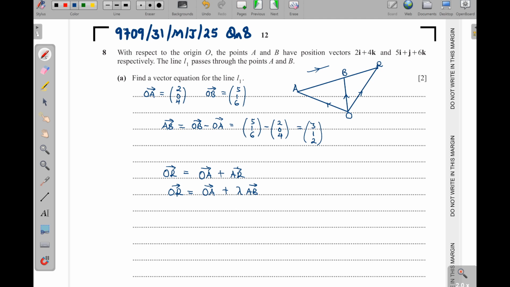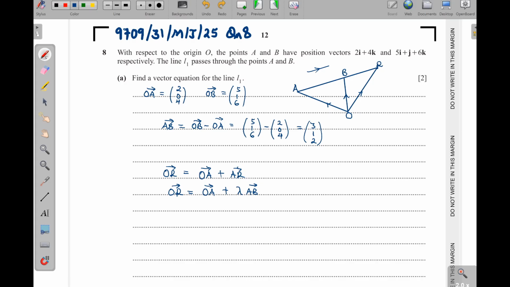These are actually parallel. AR and AB are parallel. So for parallel vectors, these are the ones which can be expressed as scalar multiples of each other. So AR is a scalar multiple of the AB. You see that?